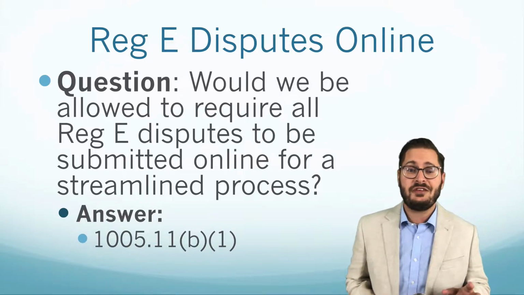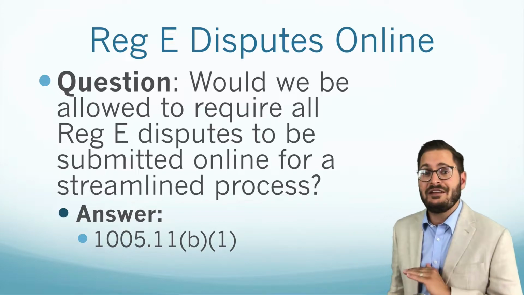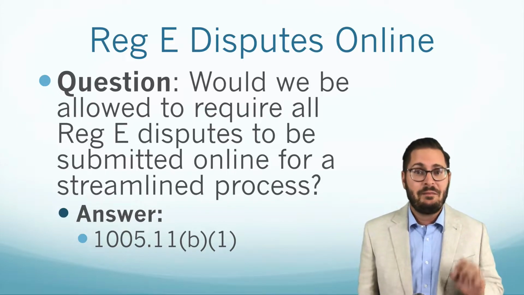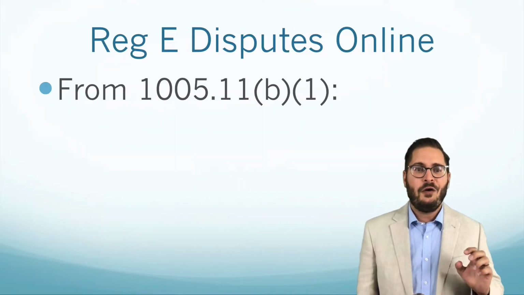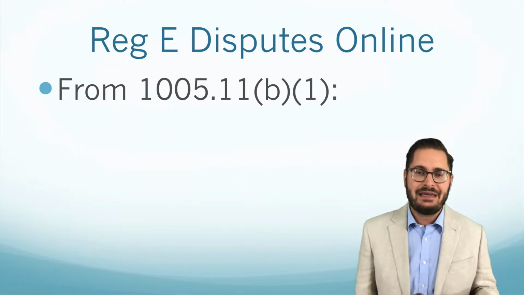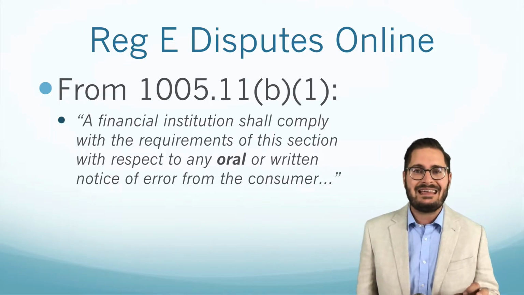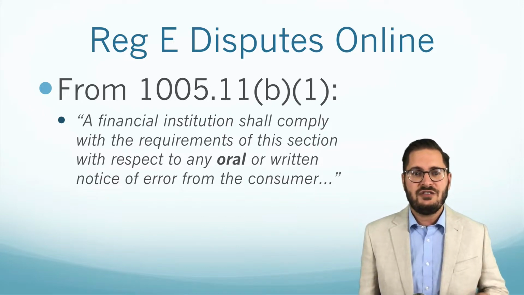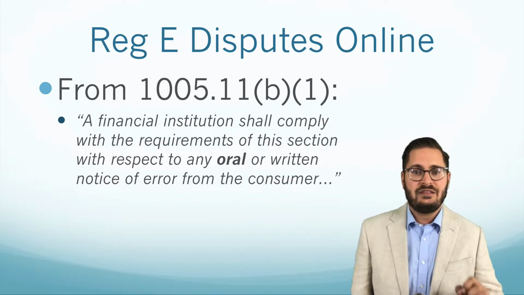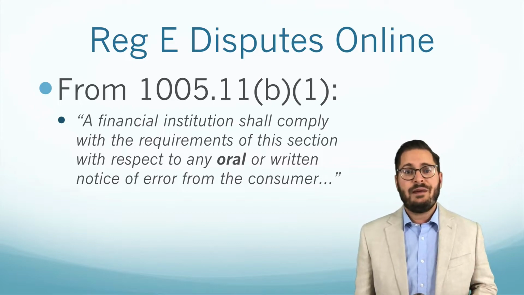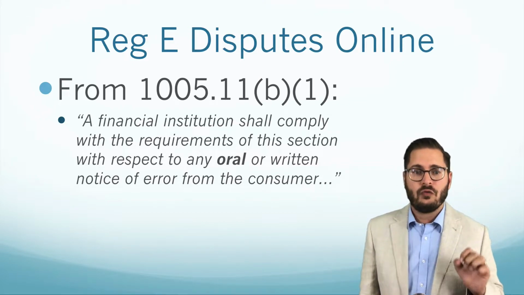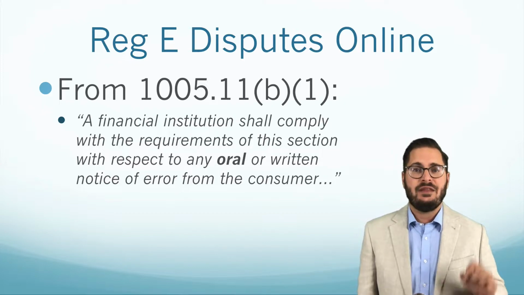The answer, of course, to this is found in Regulation E. It's found in 1005.11(b)(1). So in looking at 1005.11(b)(1) of Regulation E, it says that a financial institution shall comply with the requirements of this section with respect to any oral or written notice of error from the consumer.